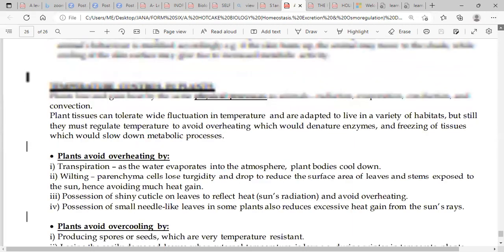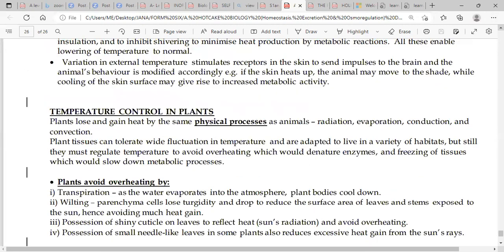That is temperature control in plants and temperature regulation as a whole, both in plants and animals.